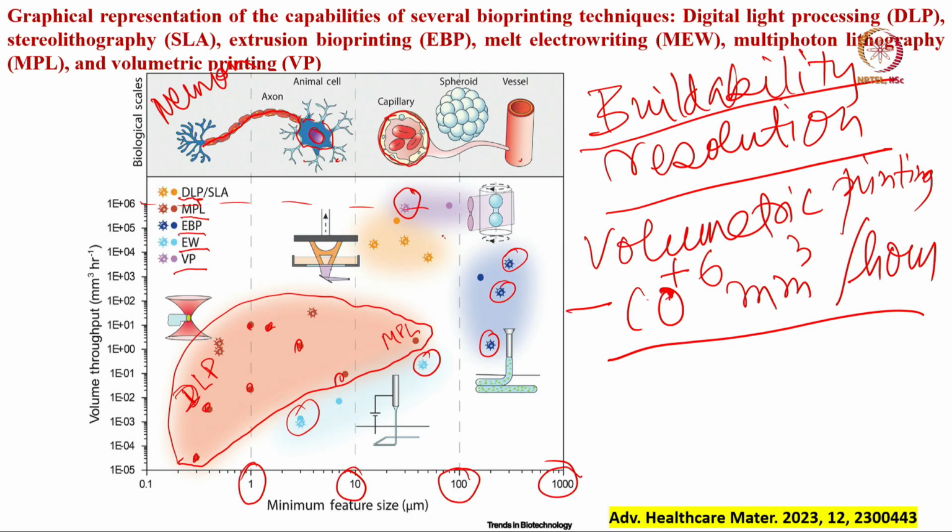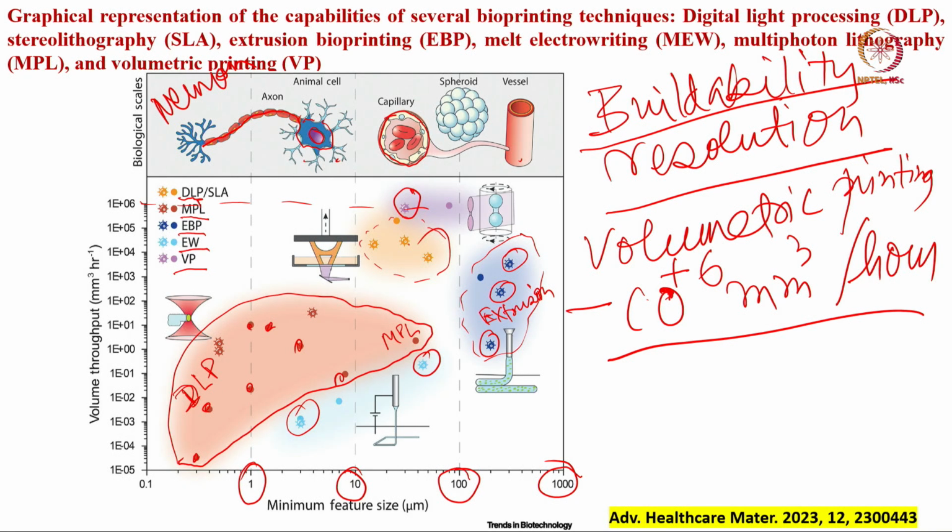Another group of data points is again essentially DLP, but it goes for very high throughput. Extrusion bioprinting is this one, where the feature size is higher, between 100 and 1000 micron, and buildability is moderate, like 10 to the power 3 to 10 to the power 4 millimeter cube per hour.